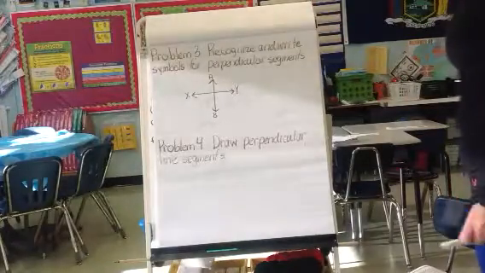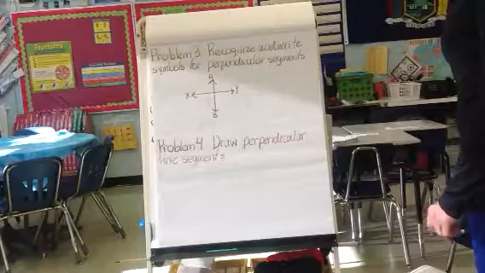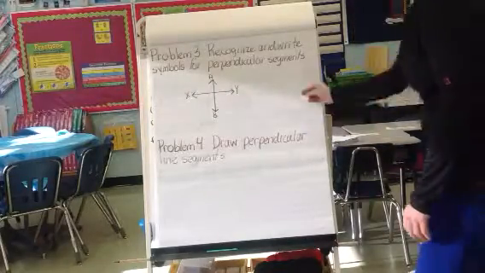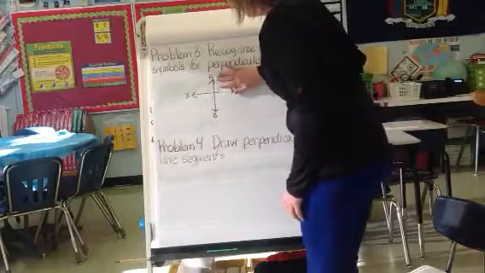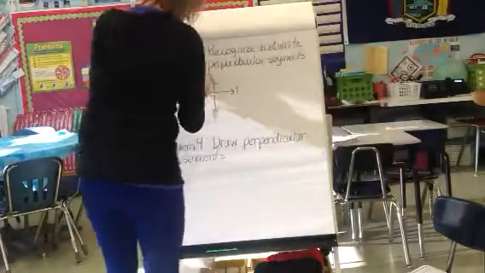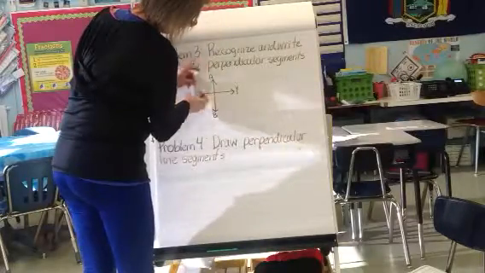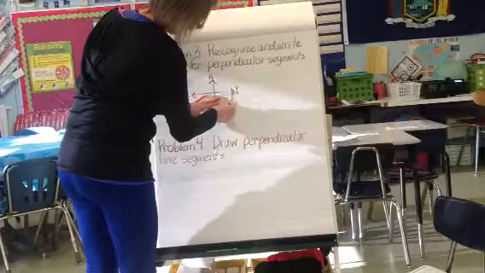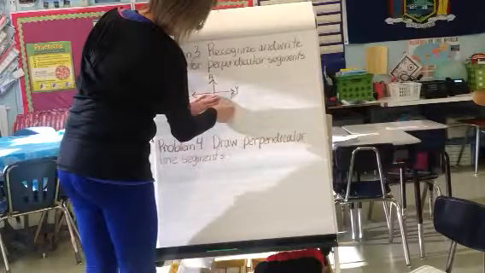Okay, here we have two lines. We have AB and XY. Okay, if we use our right angle template, we are going to see there's a right angle, there's a right angle, there's a right angle, and there's a right angle.